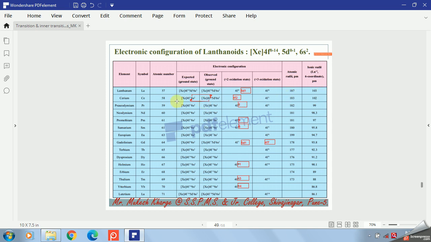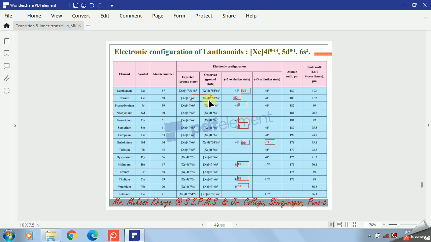The next element is cerium, denoted by Ce. Atomic number is 58. Here is again a correction. It is wrongly printed. The observed electronic configuration is written under expected electronic configuration, and the expected is written under observed. So exchange these electronic configurations. What is our expected electronic configuration? It is the first element from the lanthanide series actually.